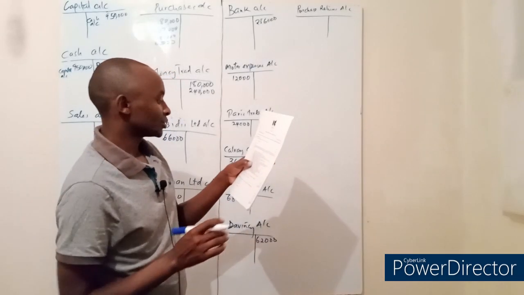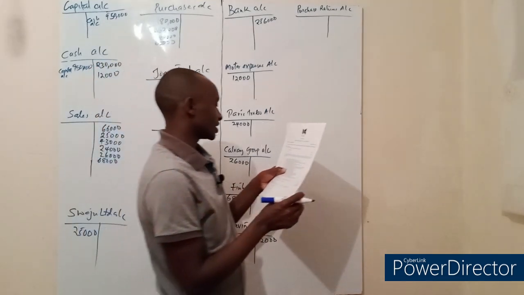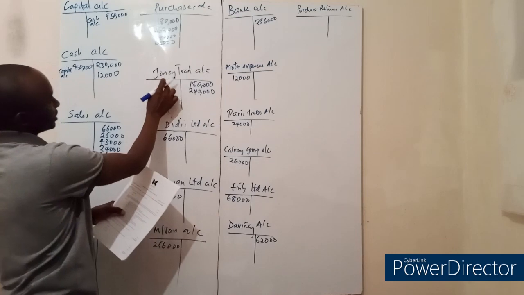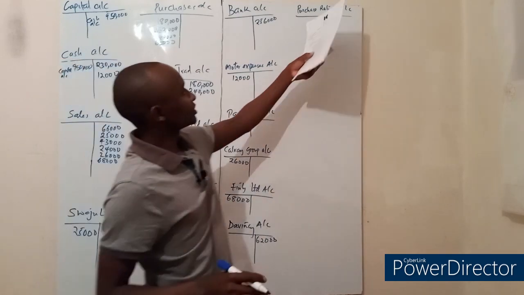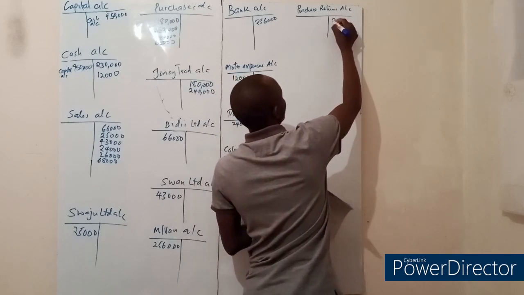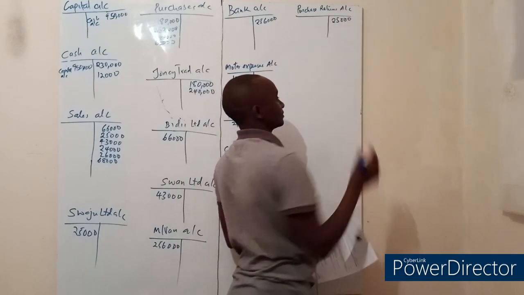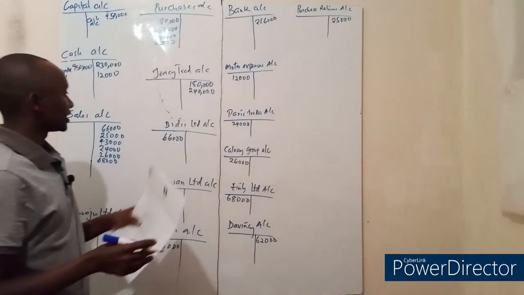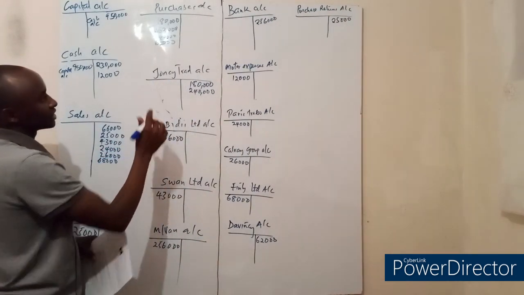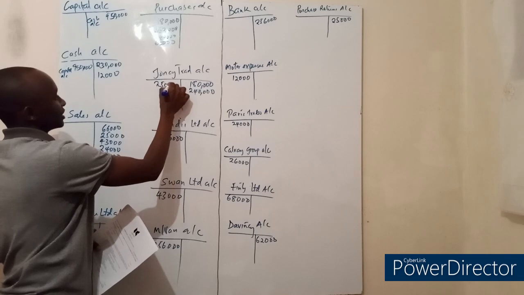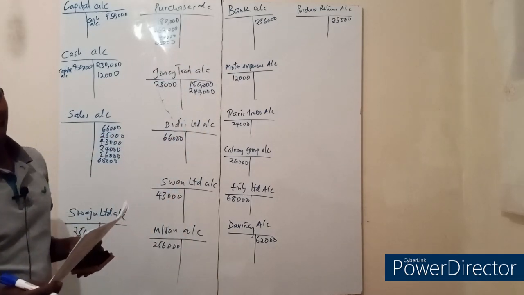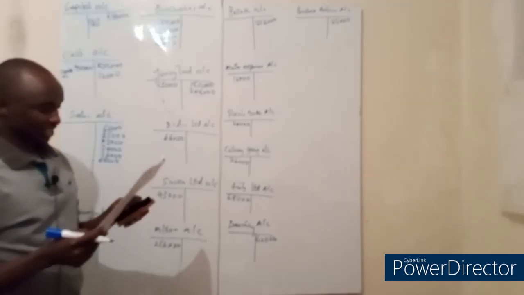Are we together? So we have the purchase returns account and Johnson Traders account. The purchase returns account is credited 25,000 Kenya shillings, right? And the Johnson account, we reduce its balance on the debit side by 25,000 in the name of return outwards. I want to believe you're getting that.